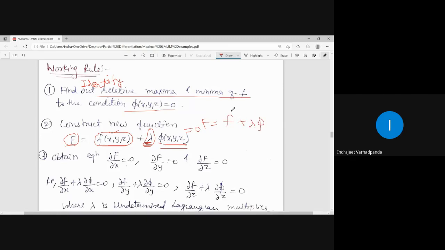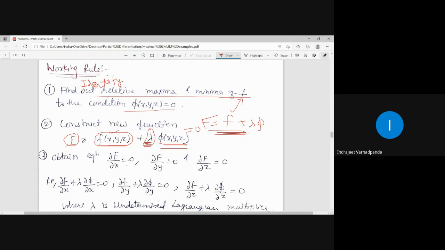What is small f? Small f is the maximum or minimum function. Kindly note down these symbols or alphabets properly. You should not get confused. Capital F is the new function which is a combination. Small f is the function which is to be shown maximum or minimum.